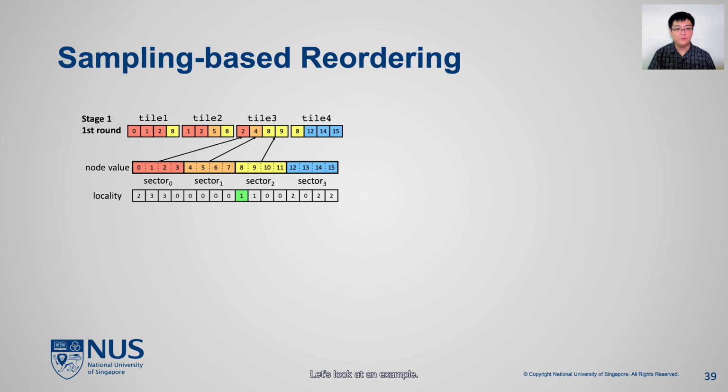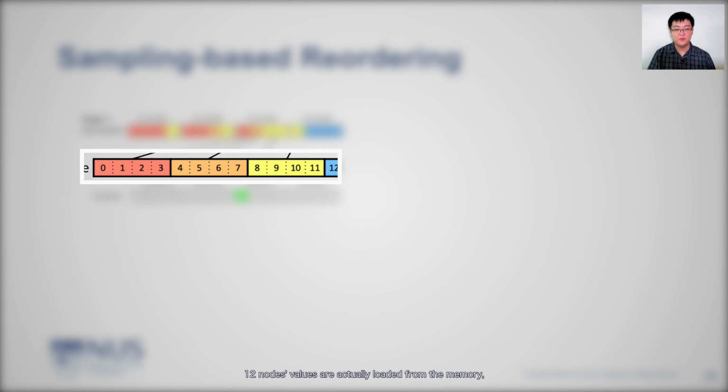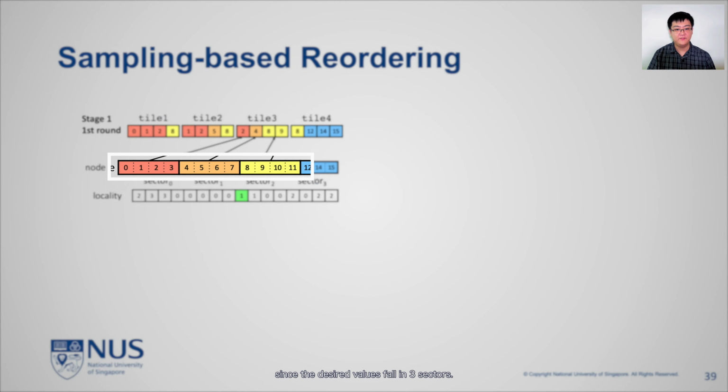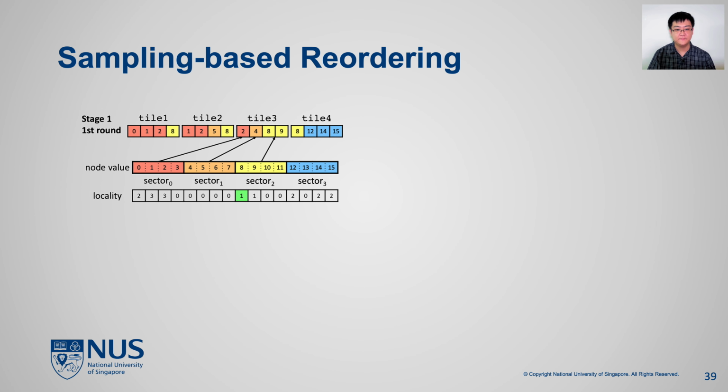Let's look at an example. In stage 1, we sample the memory access, which consists of 4 tiles that read values of the corresponding neighbors in tiles. For instance, when tile 3 is accessed, although only 4 node values are needed, 12 node values are actually loaded from the memory, since the desired values fall in 3 sectors.